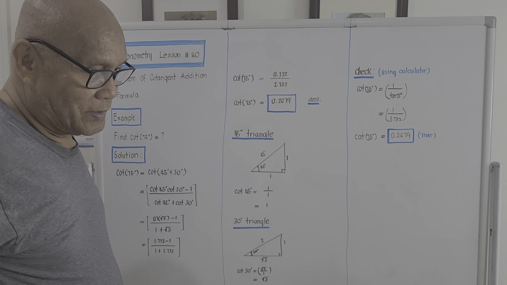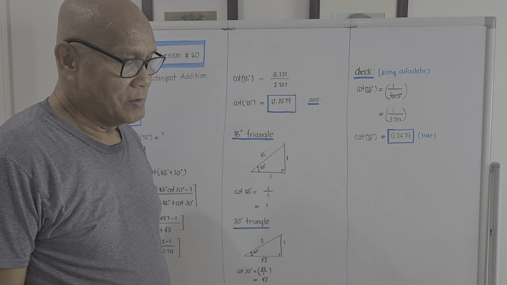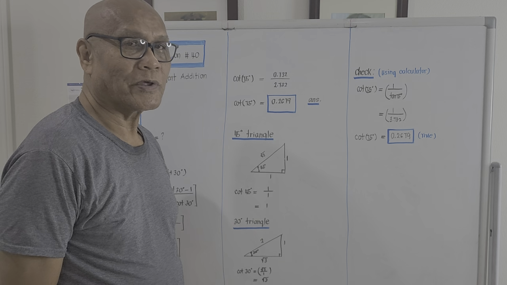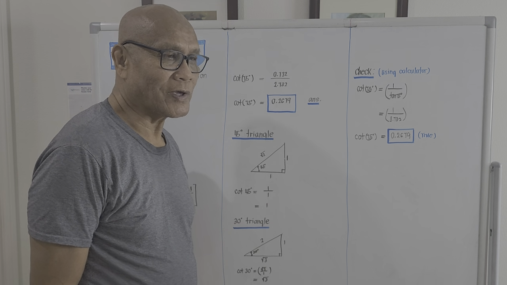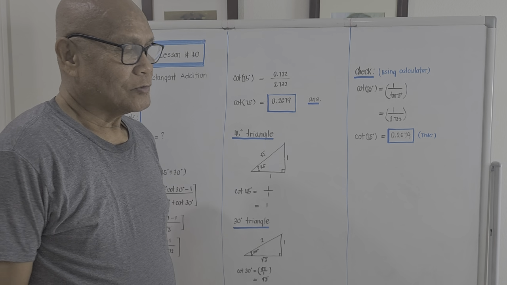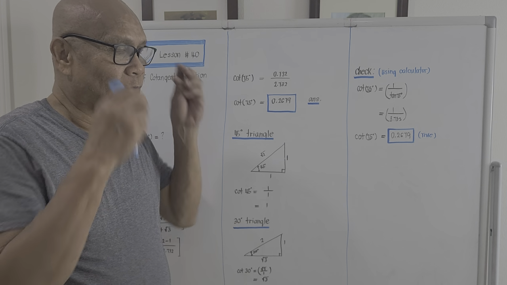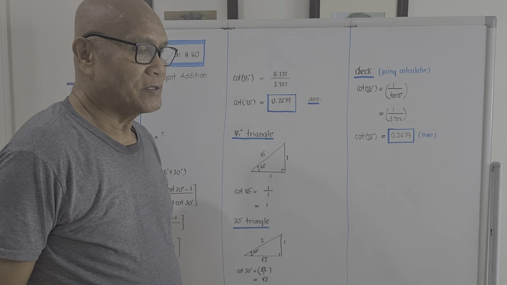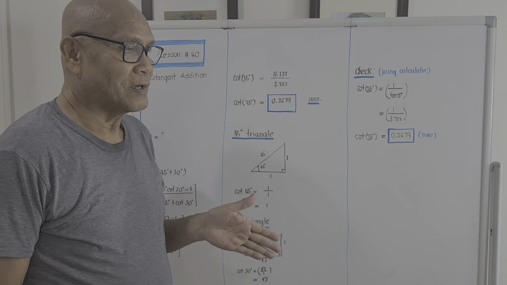The last time around, I derived the formula on the expansion of the cotangent of the sum of two angles. So for tonight, I will try to give you an example problem for us to visualize the validity or importance of this one.